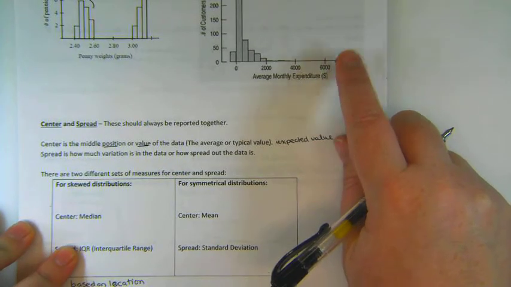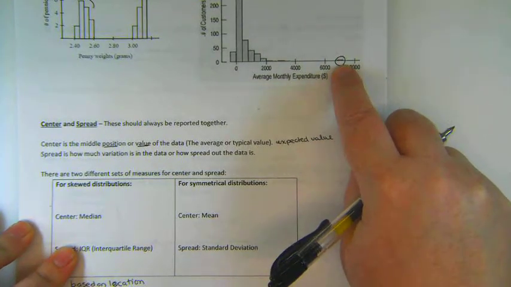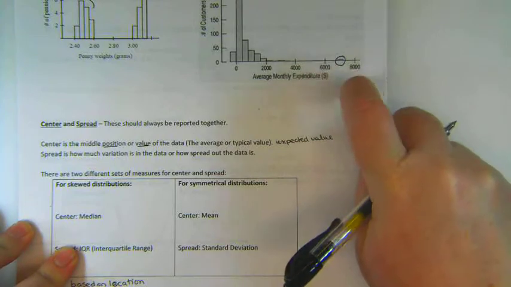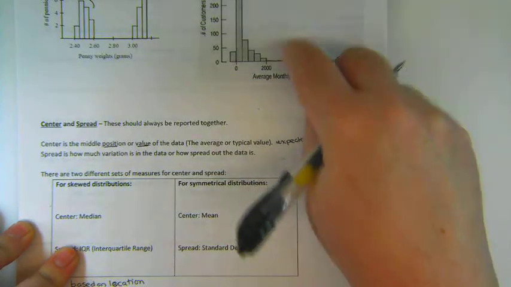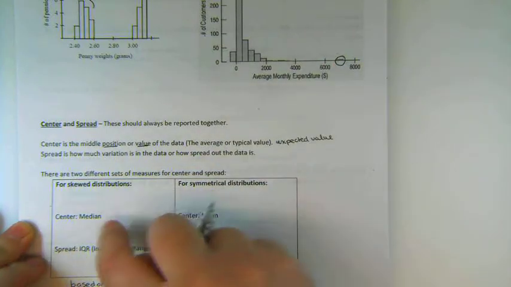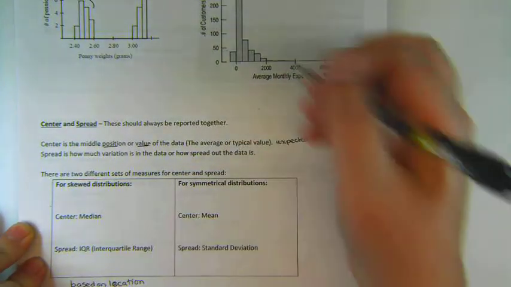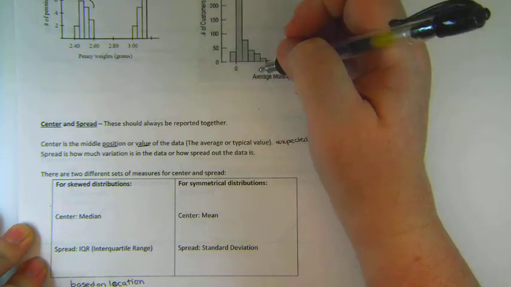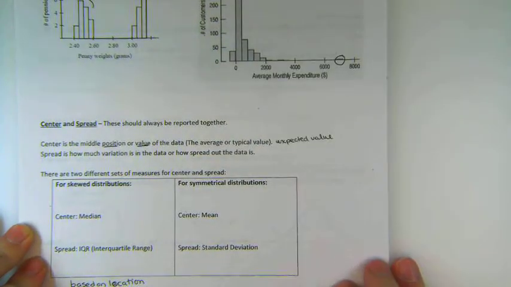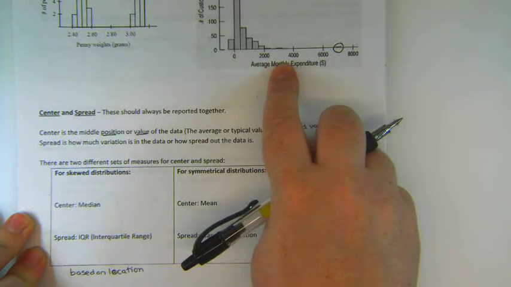Median and interquartile range don't really take into account that value there. They know there's some value out there, but they're not using that number of 7,000 in any sort of calculation. So median and interquartile range, they'll focus more on this middle of the data, which is exactly what we want to do. So this is great for skewed distributions like this.